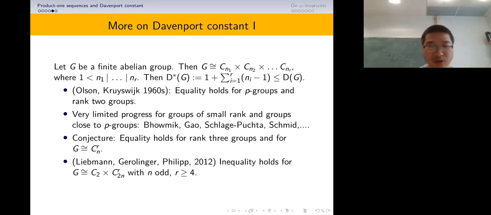For this group, they found that the equality fails where r is larger than or equal to 4. So our conjecture, and just a few examples, show that if the rank is larger than or equal to 4, then there are infinitely many groups such that the inequality holds.